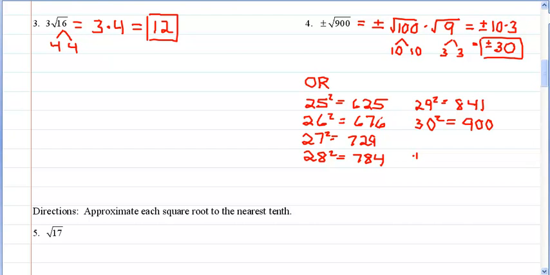So if we have plus or minus the square root of 900, we can split this up as 30 and 30, and we get the same answer of plus or minus 30.